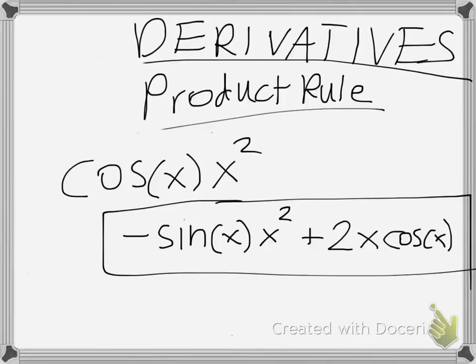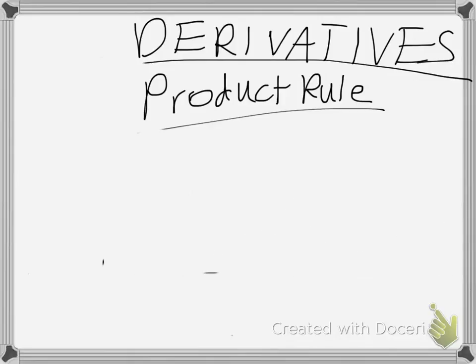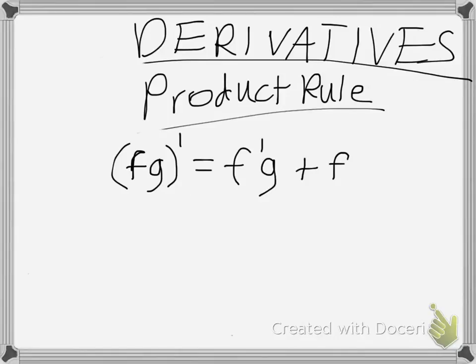So remember, we took the derivative of the first function times the second function plus the derivative of the second function times the first function. I'm going to rewrite the product rule so you remember. Let's say we have two functions f and g, then (fg) prime equals f prime g plus f g prime.